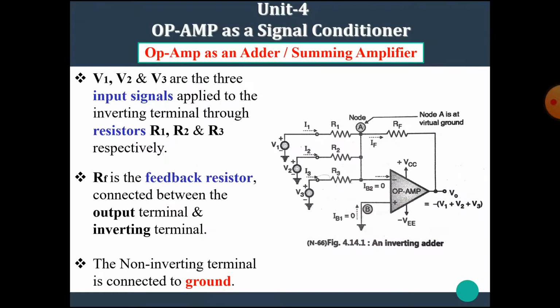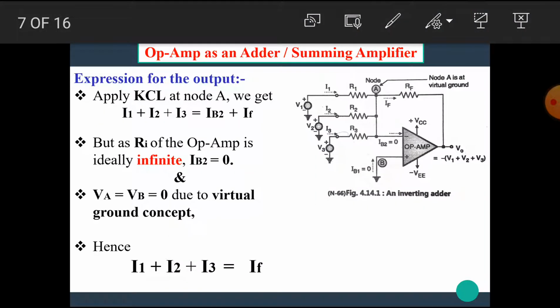Now let's see the expression for the output of the adder. By applying KCL, that means Kirchhoff's current law, at node A. Kirchhoff's current law states that the current entering the junction is equal to the current leaving the junction.